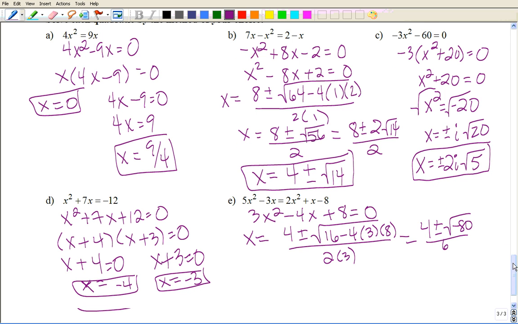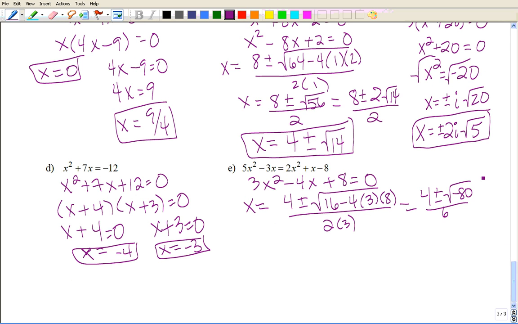So if I look at the square root of negative 80, I want to take out that negative sign as i. So I'll have 4 plus or minus i. And then the square root of 80 can be simplified to 4 square roots of 5. So I have all over 6.